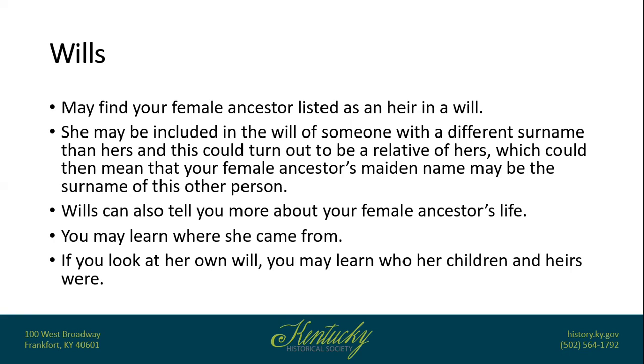You may learn where she came from, who some of her family were, or if you look in an inventory, you might see things that she owned or things that were passed on to her through the family. If you look at her own will, you may also learn who her children and heirs were. So if you're stuck trying to find out who her children were, because sometimes that happens, you may be able to find things that way.